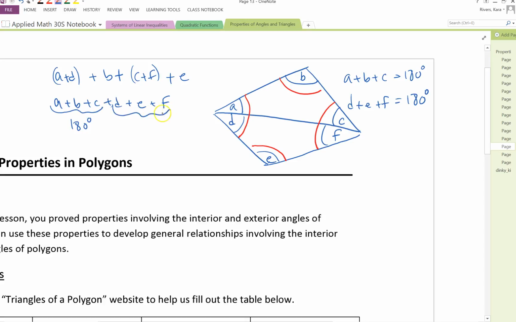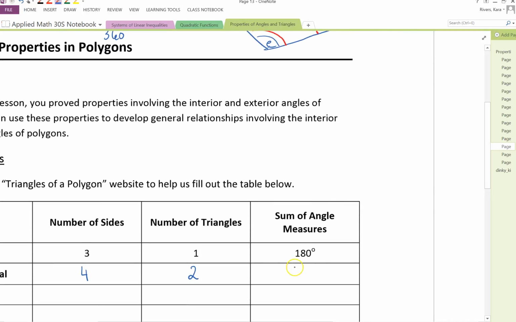And D plus E plus F, that was 180 degrees. That's all coming from here, and this is coming from here. Well, if I add those together, that just gives me 360 degrees. So the sum of the interior angles of a quadrilateral is 360 degrees, or just 2 triangles worth.